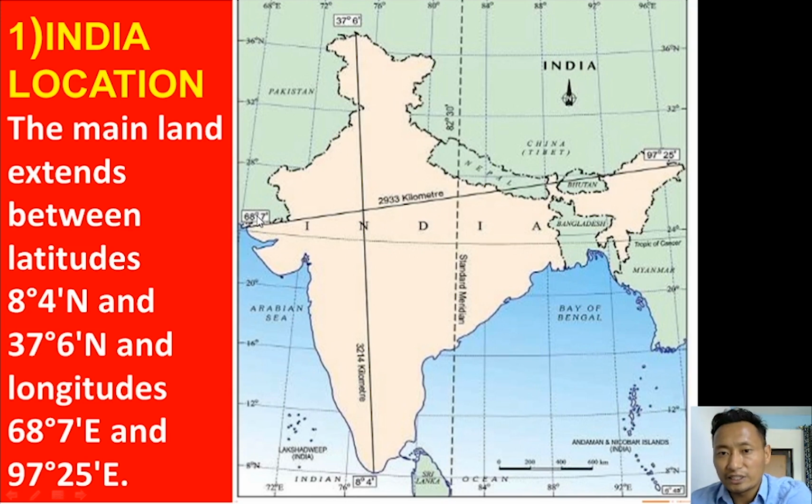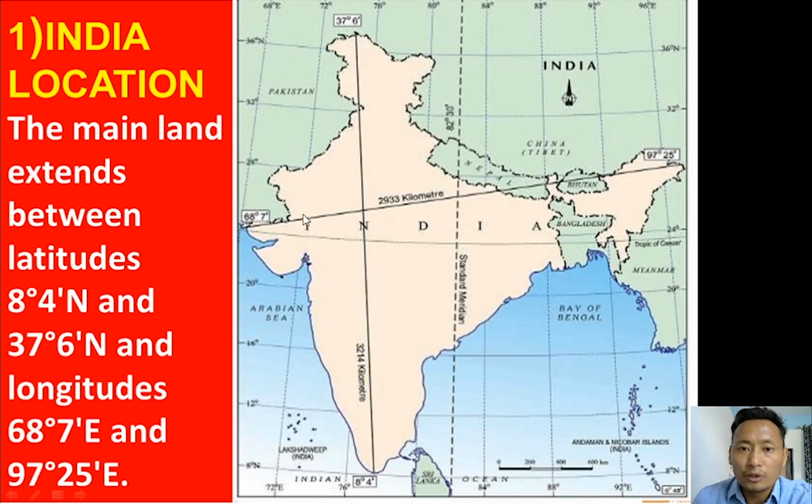The Greenwich meridian divides the world into the eastern hemisphere and the western hemisphere. India lies in the eastern hemisphere, from 68 degree 7 minute east to 97 degree 25 minute east. This is the longitudinal extent of India.